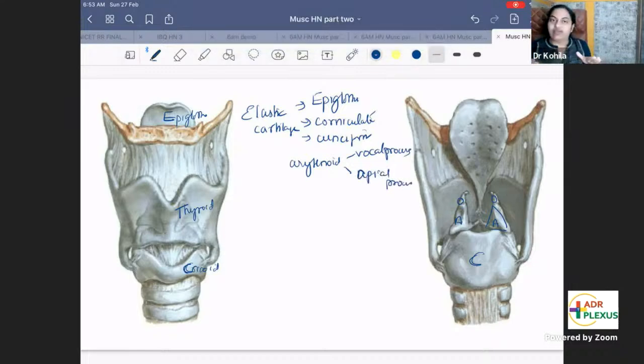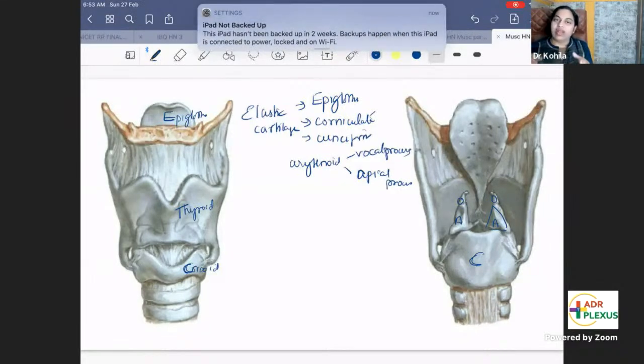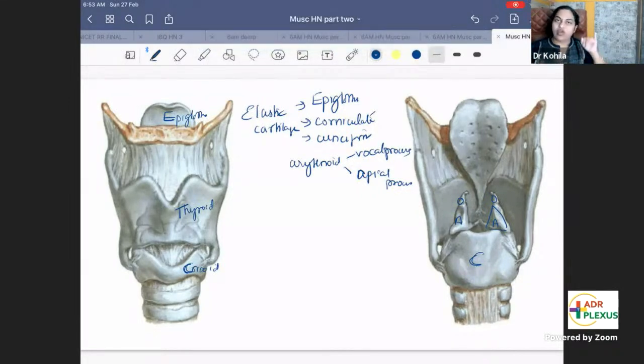The cartilages of the larynx are mainly made up of hyaline cartilage. Thyroid, cricoid, and most of the arytenoid are hyaline cartilage. The only exceptions are the epiglottis, corniculate, cuneiform, and the vocal process and apical process of the arytenoid.